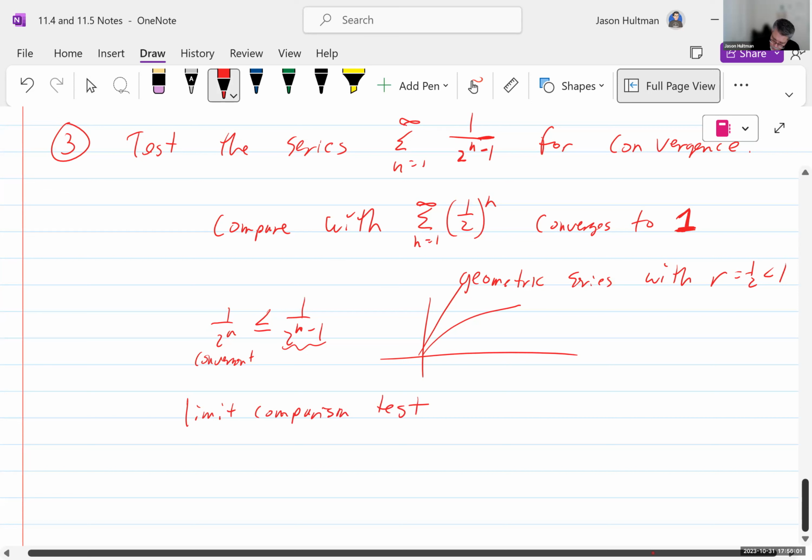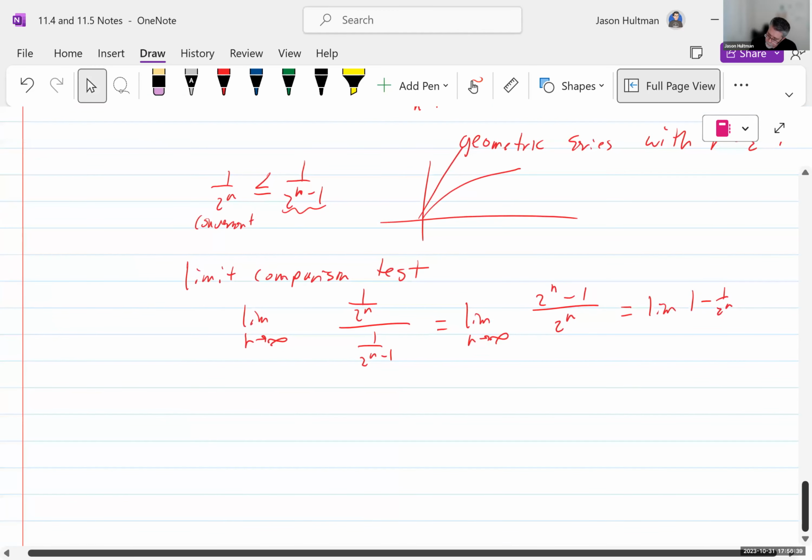I can say that the limit as n goes to infinity of 1 over 2 to the n over 1 over 2 to the n minus 1 is equal to the limit as n goes to infinity of (2 to the n minus 1) all over 2 to the n, which is equal to the limit of 1 minus 1 over 2 to the n, as n goes to infinity.